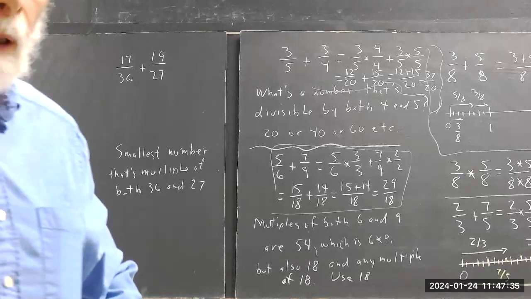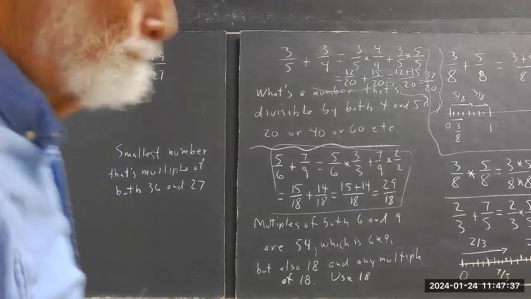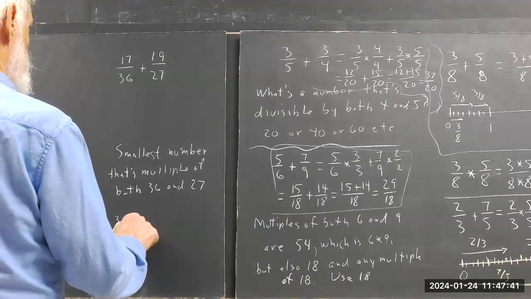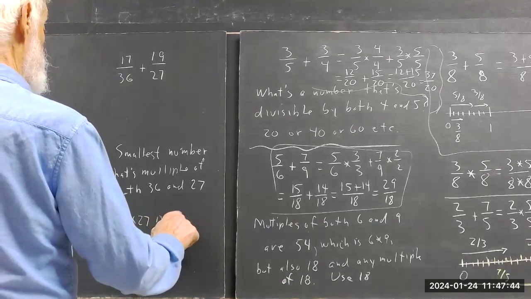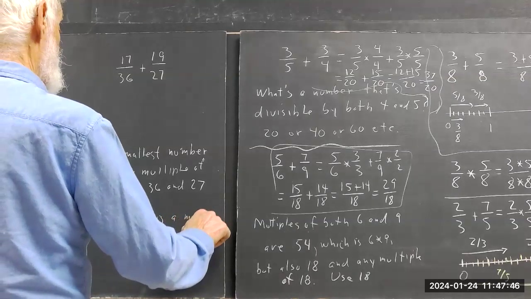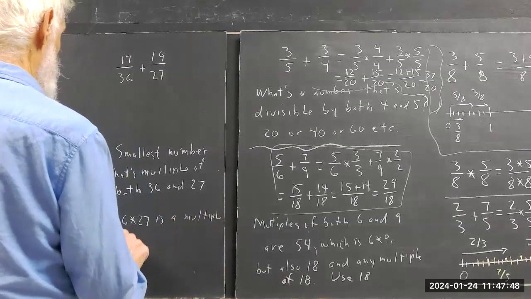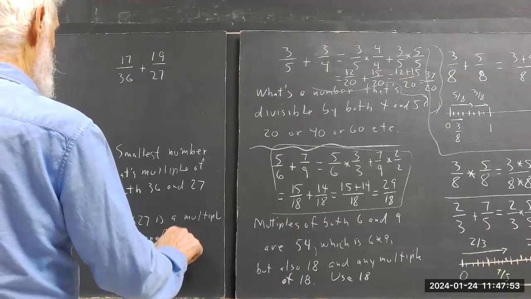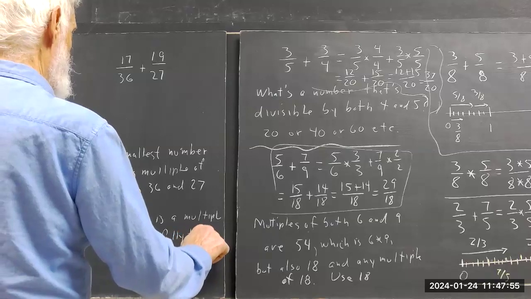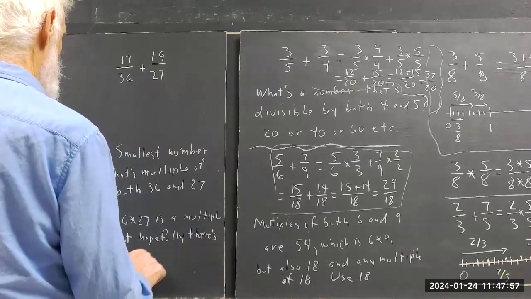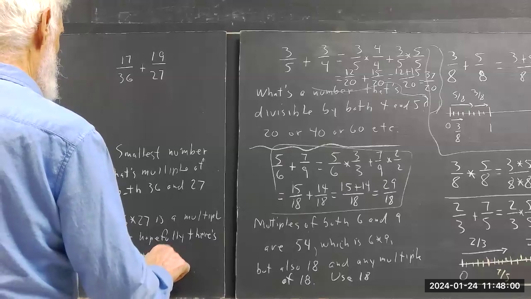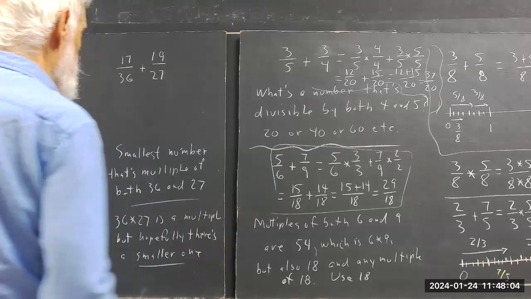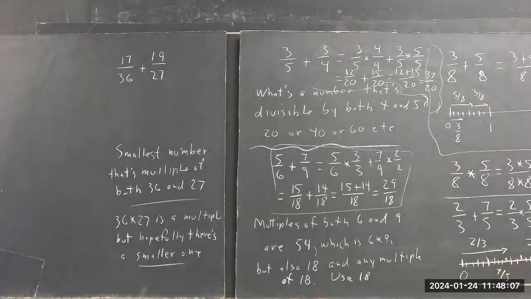Now, you can always give me a number that is a multiple. Thirty-six times 27 is a multiple, but hopefully there's a smaller one.